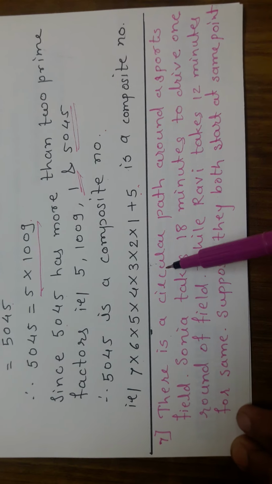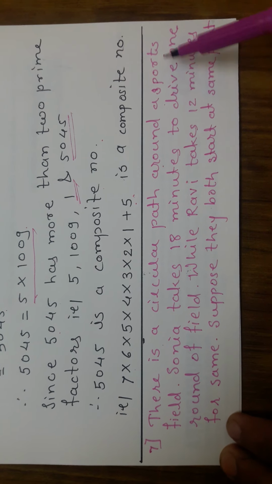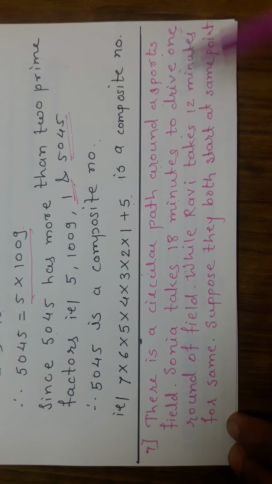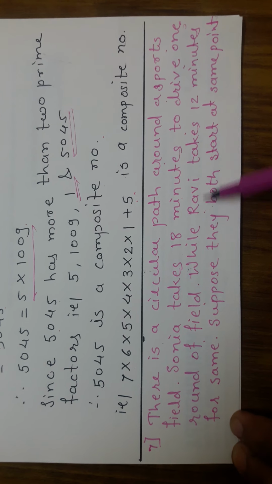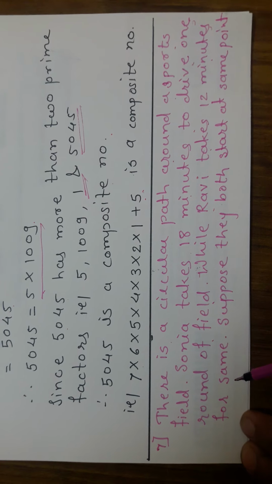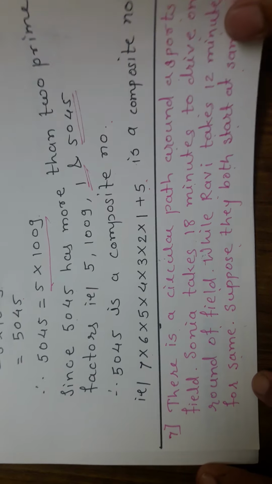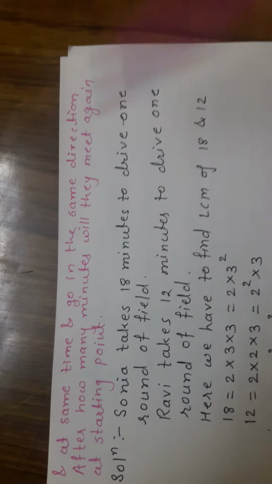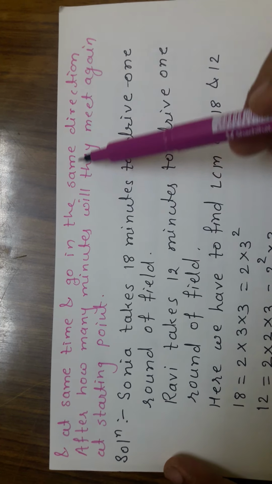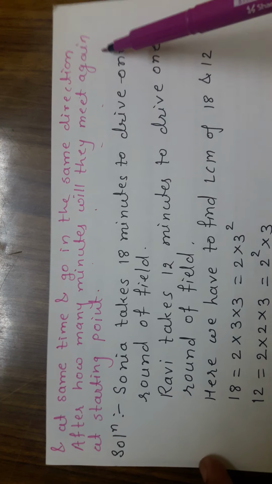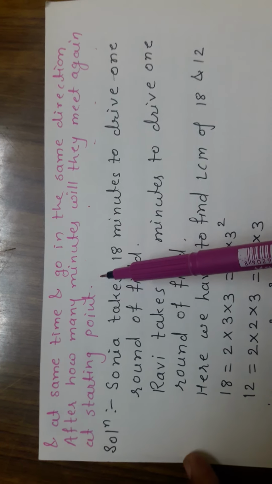Seventh problem: there is a circular path around a sports field. Sonia takes 18 minutes to drive one round of the field, while Ravi takes 12 minutes for the same. Suppose they both start at the same point at the same time and go in the same direction. After how many minutes will they meet again at the starting point?